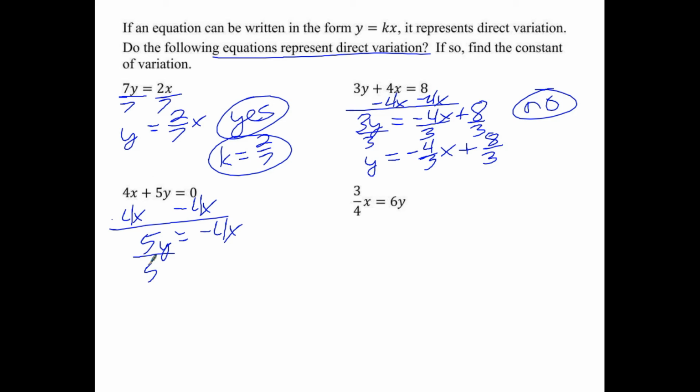Yep, divide both sides by 5. What do we get? Negative 4/5 x. Is that direct variation? Yeah. So you're going to say yes. And we also have to say what now? K equals that number, negative 4/5.